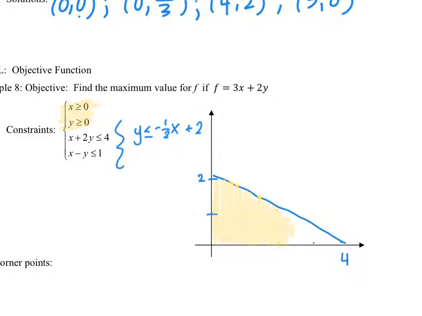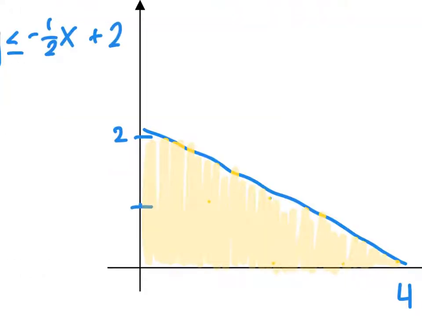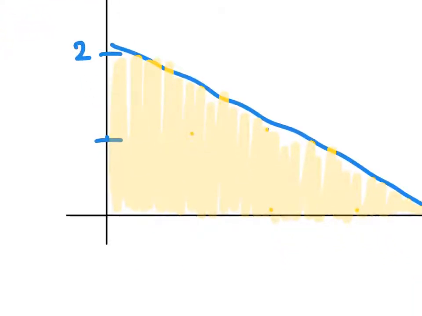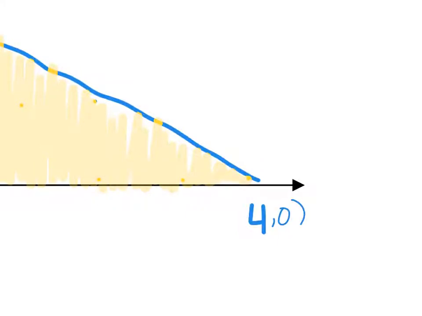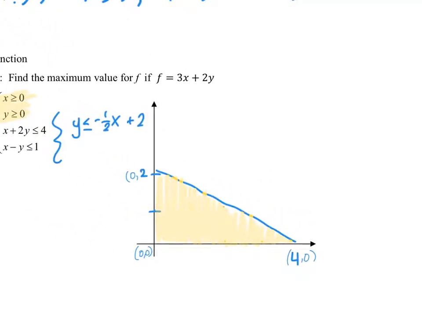So far, I have a triangular shape that has 3 corners. The corners are (0, 0), (0, 2), and the other one is (4, 0). So far, I have 3 out of my 4 corners.